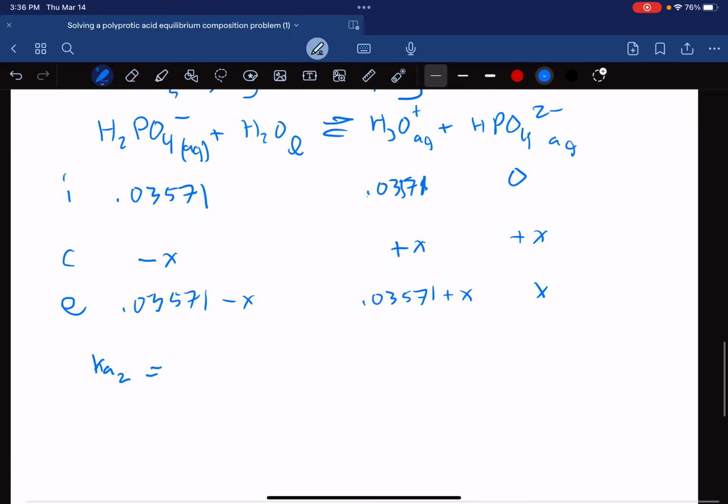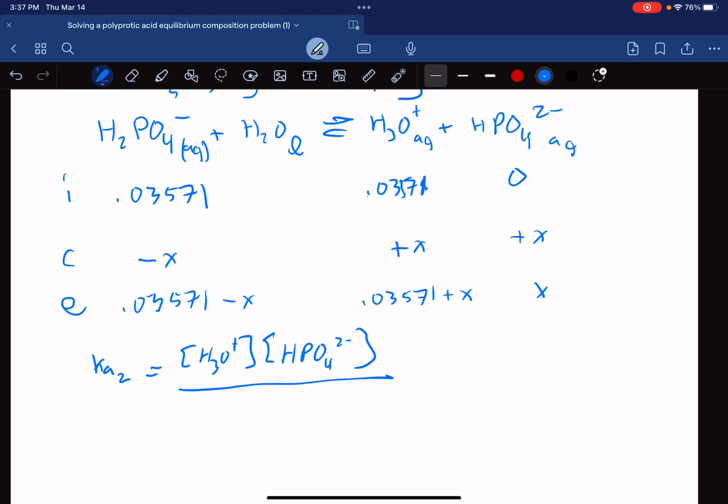That's going to be equal to our H3O plus times our HPO4 2 minus all over our H2PO4 minus.